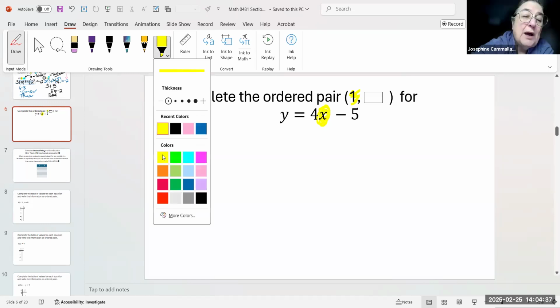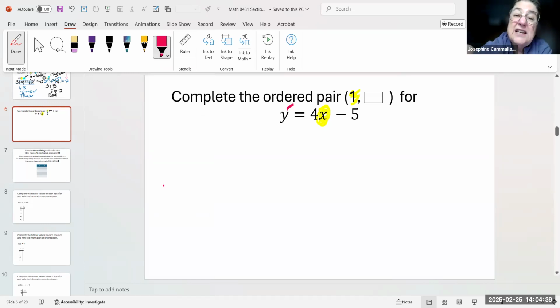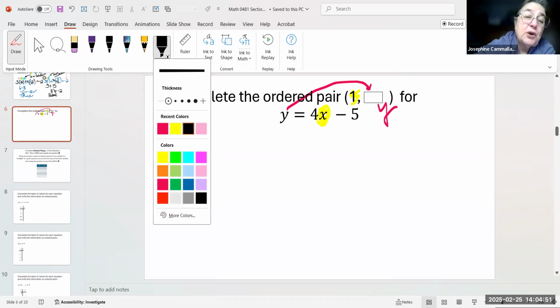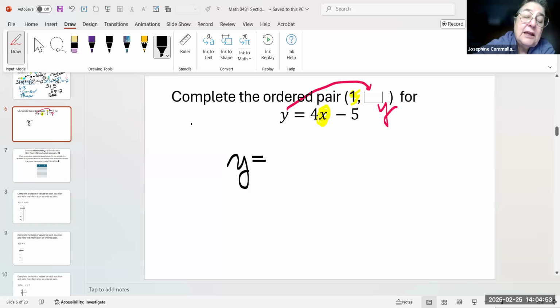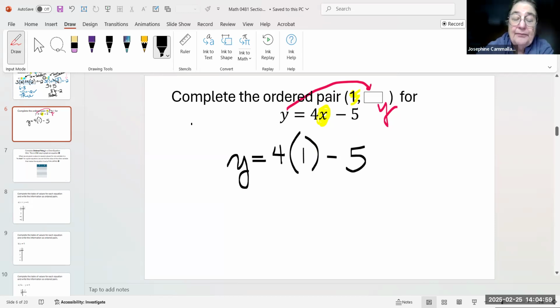The second one, where the box is, this is my y value. And it says complete the ordered pair. Well, that means that I'm going to write y equals 4 times 1 minus 5.